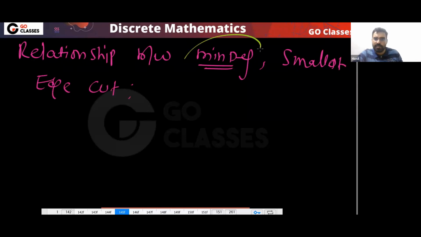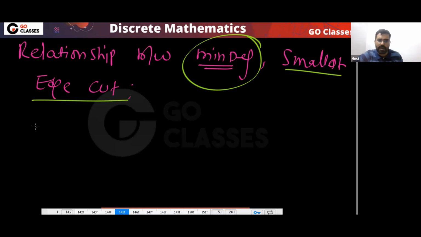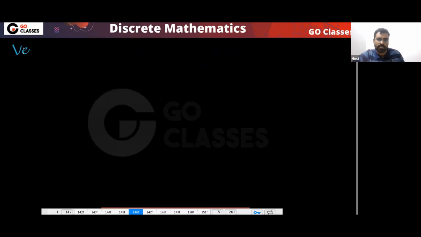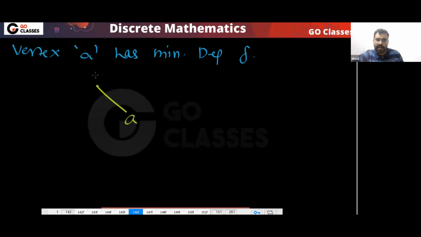If your minimum degree is delta, what does it mean? Let's assume your vertex A has minimum degree. It means this vertex has how many neighbors? Total delta neighbors.